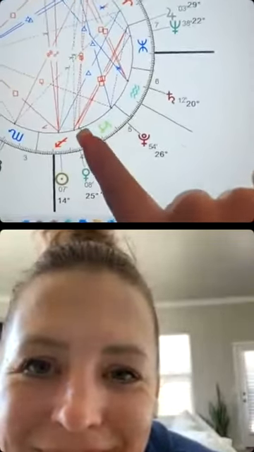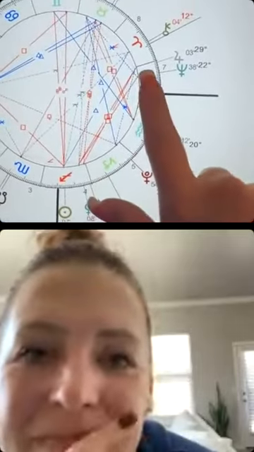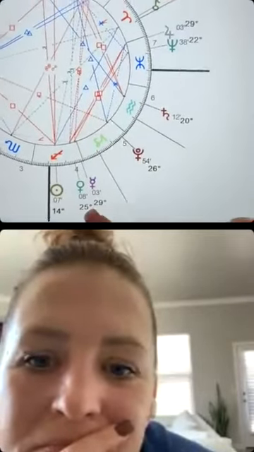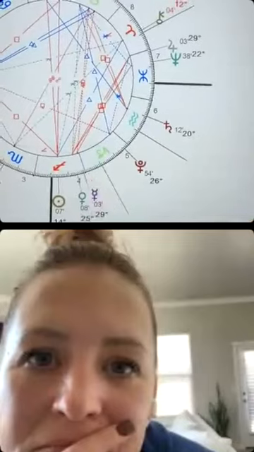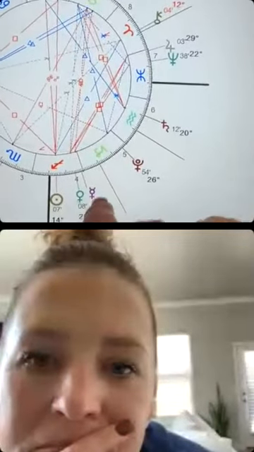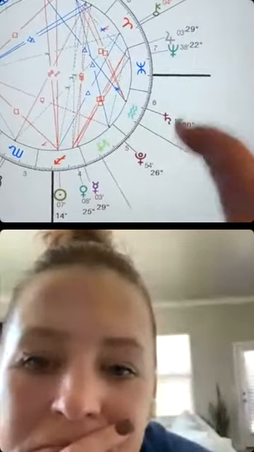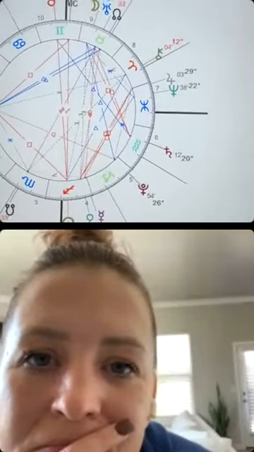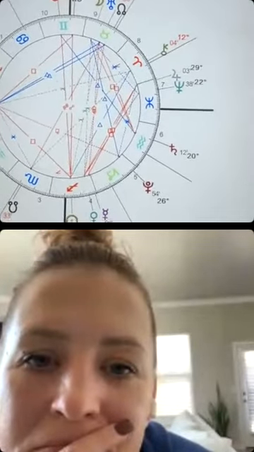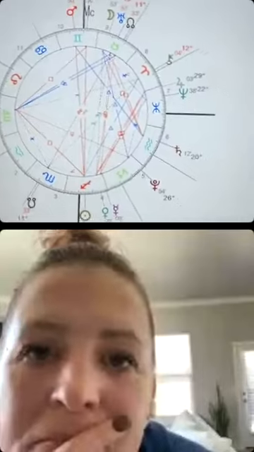But okay, so we see these squares. I'm not going to pull up both energies because we're here. But these squares here, Jupiter, when it's squaring energy, Jupiter is the most beneficial, quote unquote, planet in the zodiac, but when it squares, it provides this energy of exuberance. It's overwhelming.